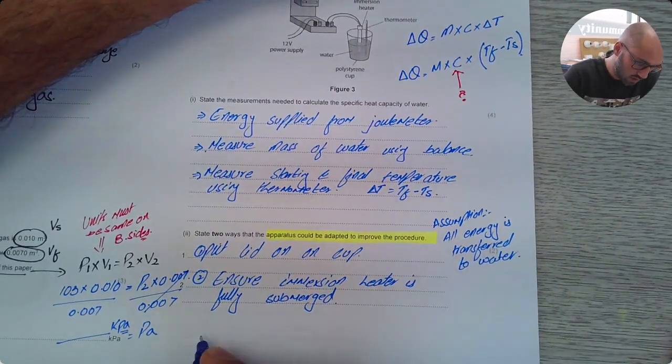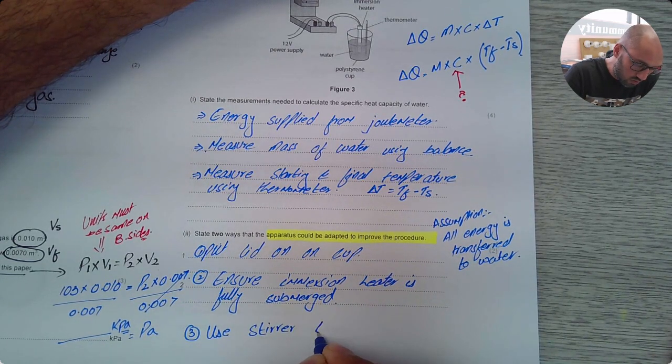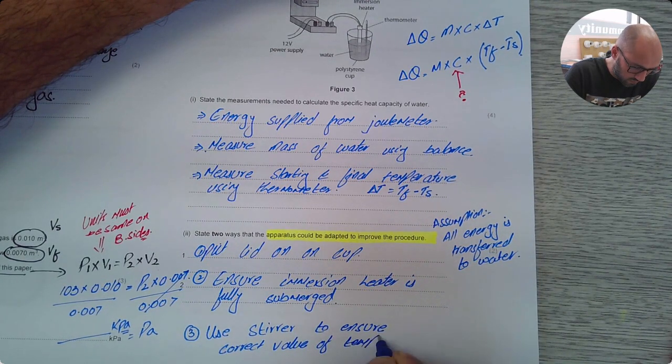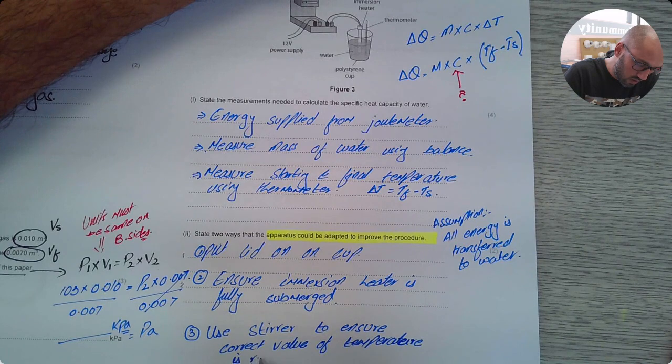We can say 3, use a stirrer to ensure the correct value of temperature is recorded.